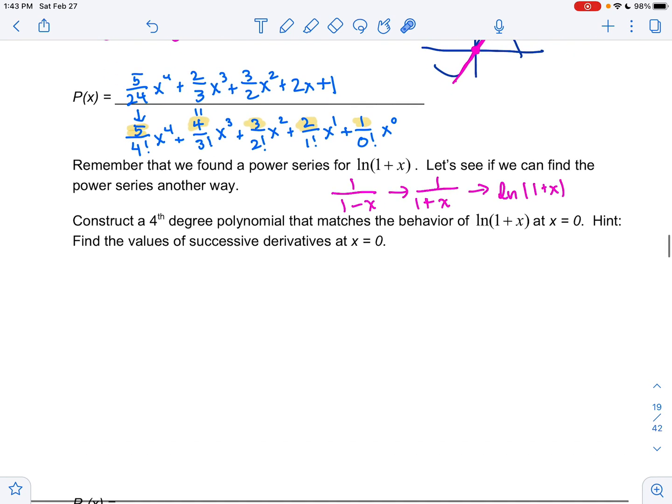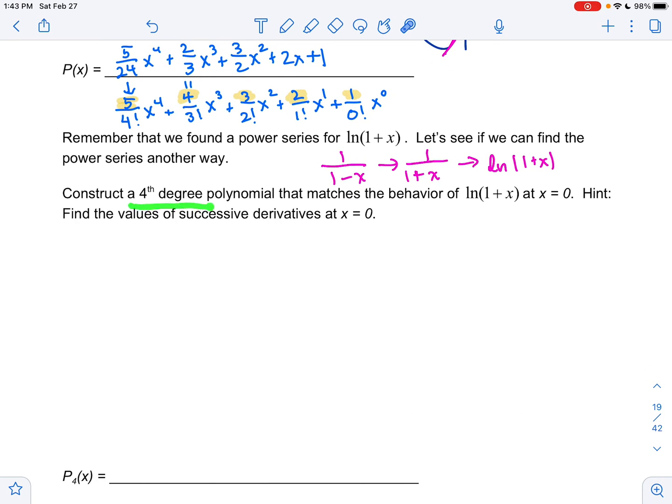Whereas down below here, when they want me to construct a fourth degree polynomial, I'm going to need the function evaluated at 0 all the way up to the fourth derivative, if I want to come up with a series that matches ln of 1 plus x.